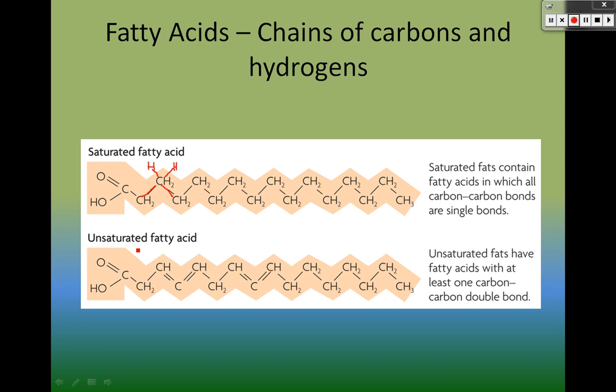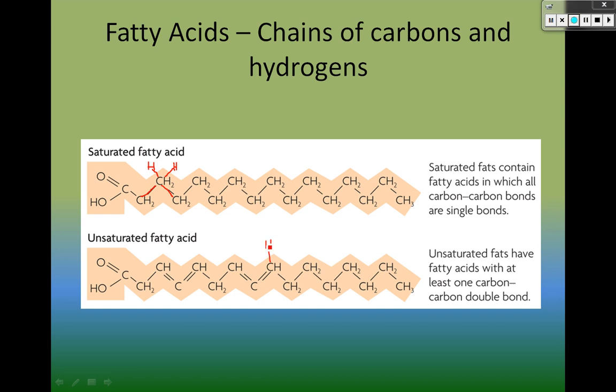In an unsaturated fatty acid, you'll notice we have some double bonds. Not all throughout, there's still some single bonds here, but that means, for example, if we look at this carbon here, this carbon is double bonded to this carbon, and then single bonded here, and there's only 1 hydrogen.